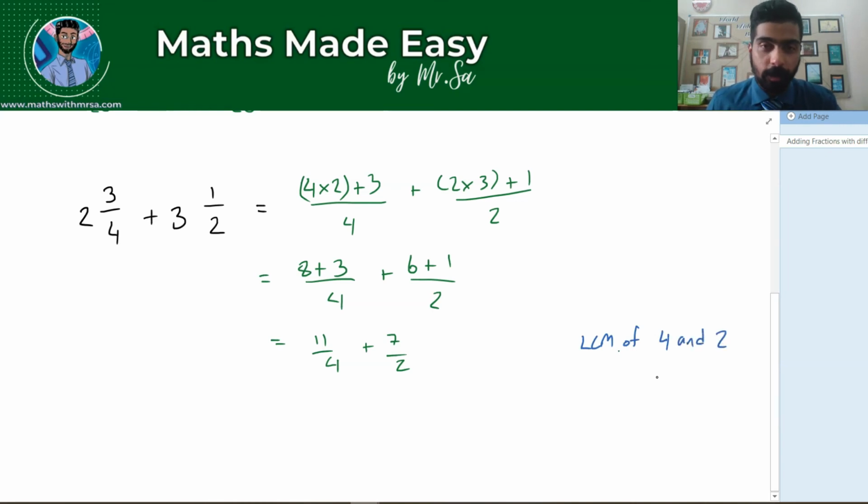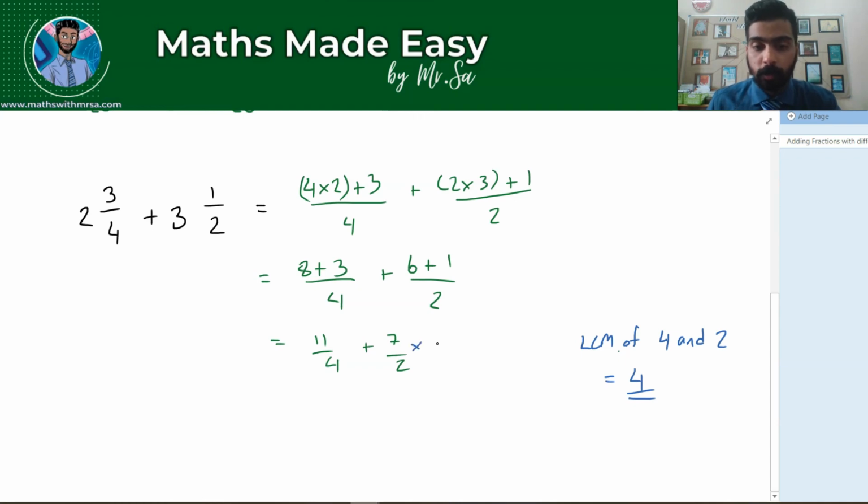And it's pretty straightforward that the lowest common multiple of 4 and 2 is equal to 4. That means we have to convert the denominators to be equal to 4. Now we take a look at the first fraction. We already have the denominator, which is 4. Hence, we only have to change the second fraction.